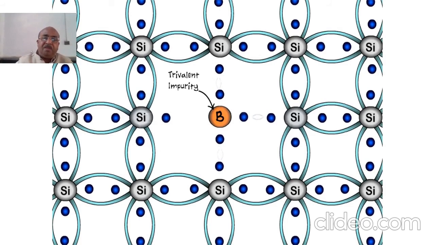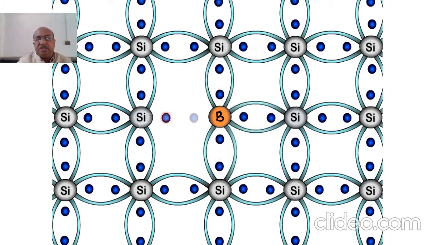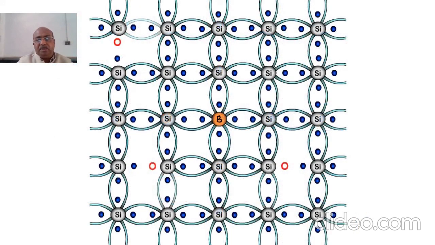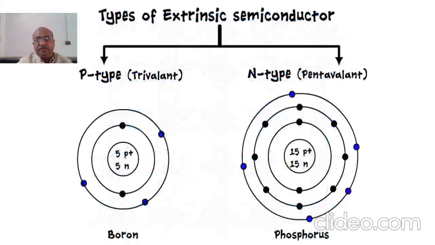And this trivalent impurity, when added to silicon, creates a space which is called a hole, which can be seen here with the red symbol. Now similarly, 1 electron again is shared, and these holes are created in the silicon doped with boron.